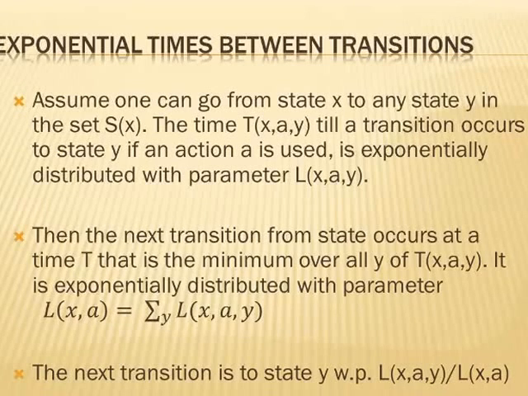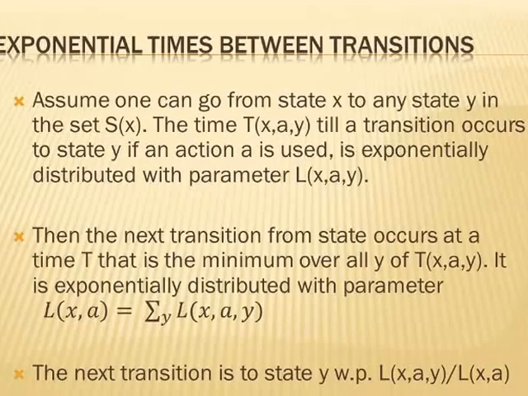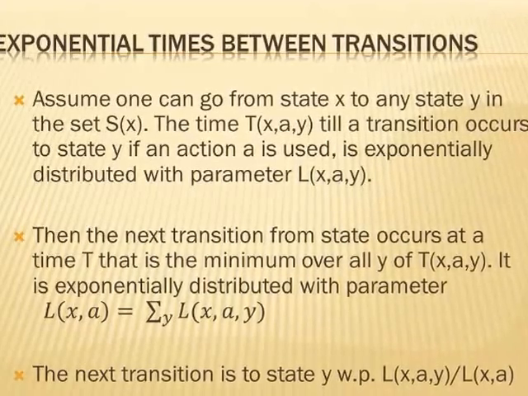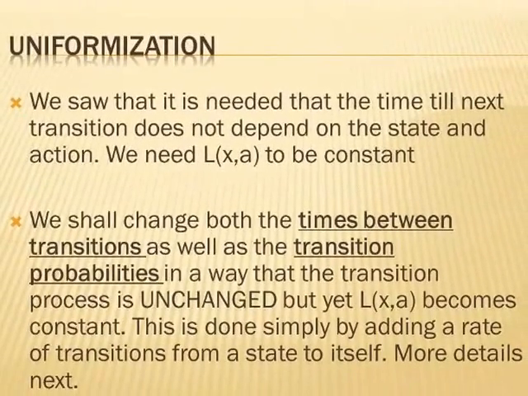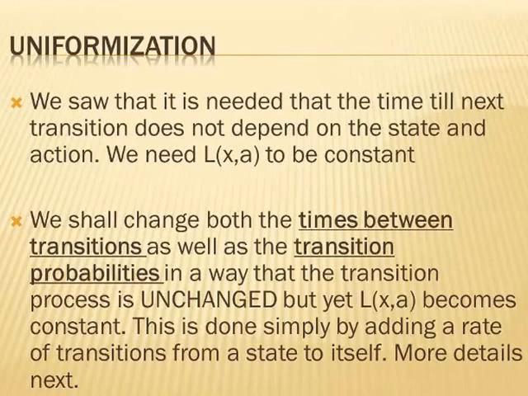The special thing about the exponential distribution is that the minimum of independent exponentially distributed random variables is also exponentially distributed, with the sum of the rates as the parameter of this new variable. So after these two slides, I'm ready to introduce uniformization.